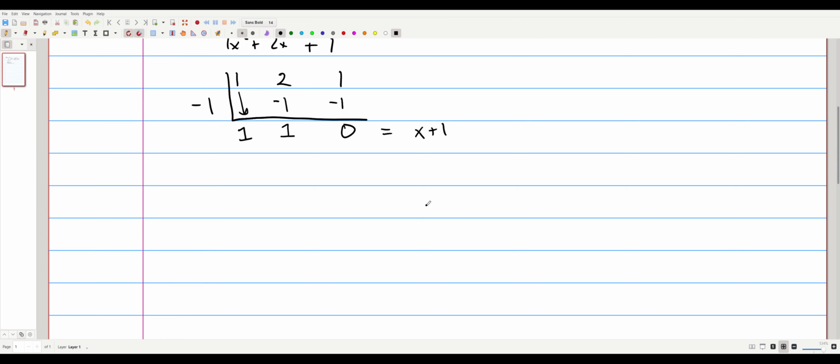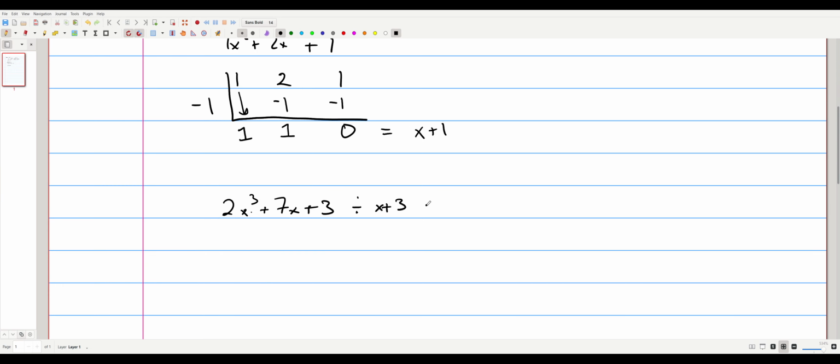Okay? And so let's do another problem using synthetic division. So let's say we have 2x cubed plus 7x plus 3 divided by x plus 3.